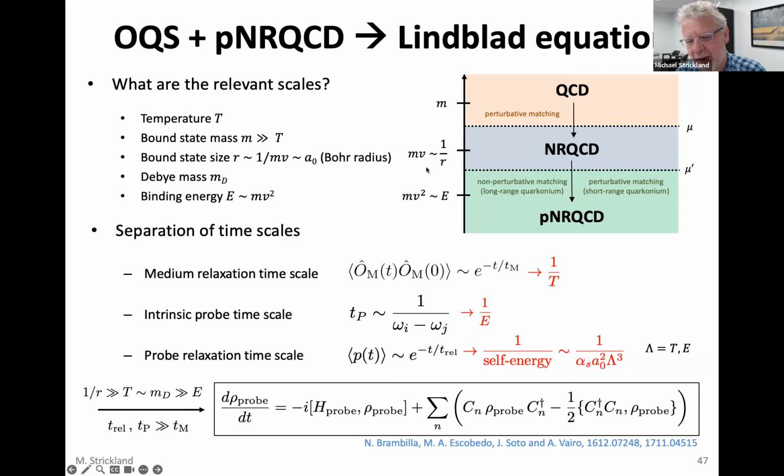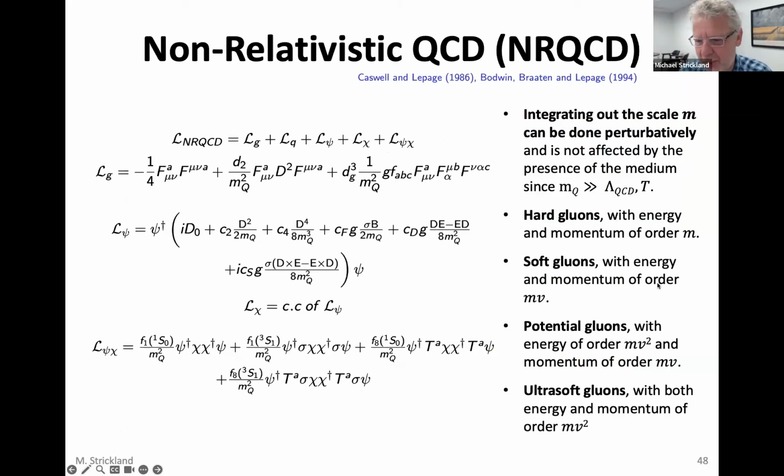If I continue to integrate out the soft scale, this one, which is associated with the inverse size of my bound states, I can then get down to a Lagrangian that's written solely in terms of the singlet and octet degrees of freedom. I'm just going to show you, without going through all the words that are written here, what this looks like. So the non-relativistic QCD Lagrangian was first worked on in the late 80s and continued in the 90s. And these are only two of the papers. There's lots of papers out there, and people are probably offended in the audience right now because I didn't cite their paper.